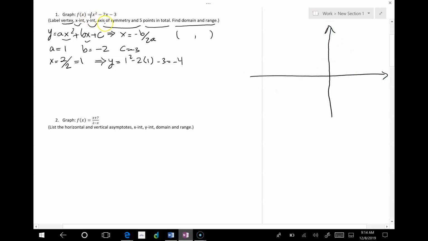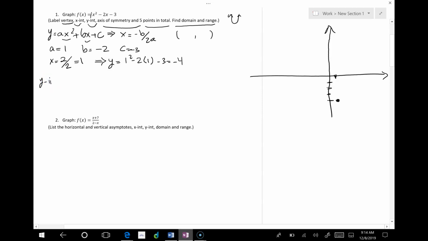And then I want you to note that this graph will be upward because the coefficient of x squared is 1 and it's positive. So the point 1, negative 4 is right here. Okay. And then finding x-intercept and y-intercept.